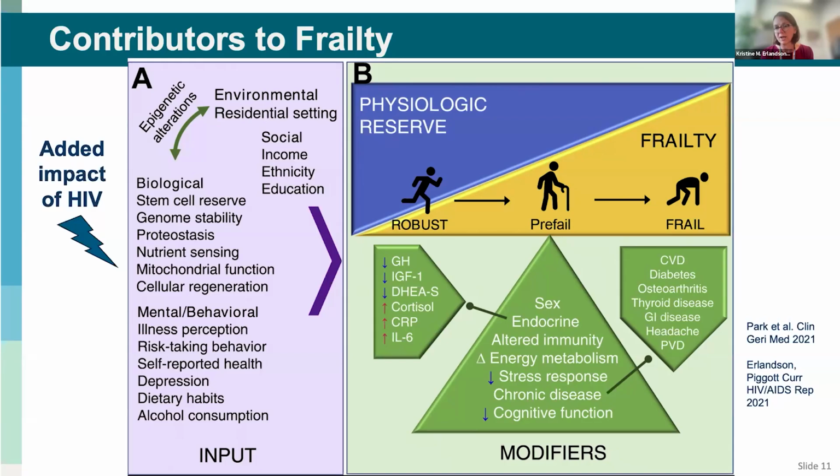There's social demographic factors such as income, ethnicity, and education that can contribute to frailty, and then many different modifiers that may impact the progression and how quickly someone moves from a robust state to a pre-frail state to a frail state, including alterations in inflammation, hormones, and different comorbid burden, all of which we know probably occur more commonly in people with HIV.